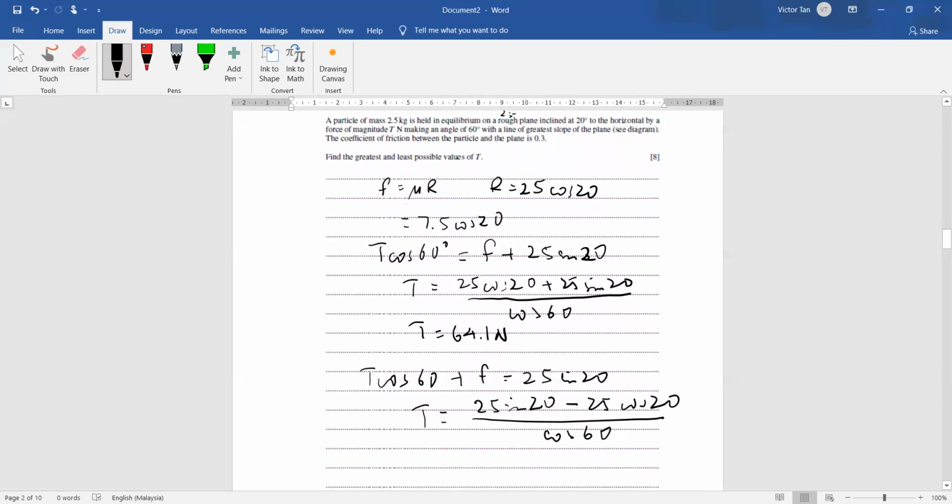Oh, I made a mistake again. F is 7.5 cos 20.